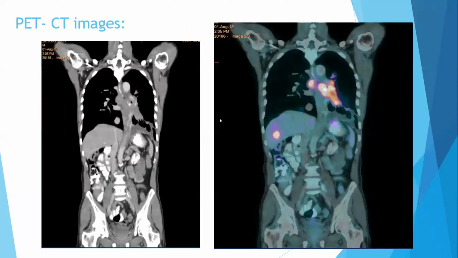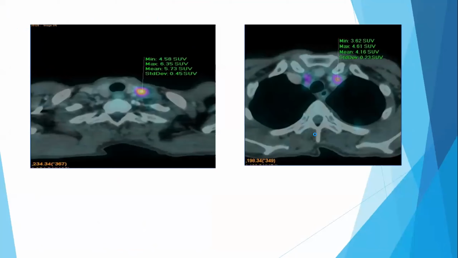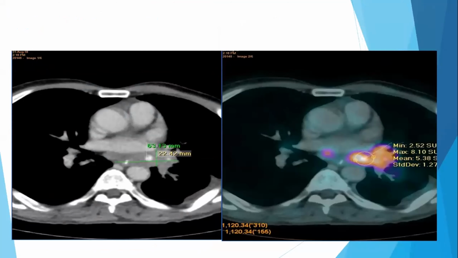Another patient was first diagnosed with carcinoma of the jejunum, but the biopsy report reveals squamous cell carcinoma. As squamous cell carcinoma is very rare in the jejunum, a PET-CT is warranted to find the primary. The scan revealed a left lung mass with nodal and hepatic metastasis. PET-CT changed his diagnosis and treatment planning.